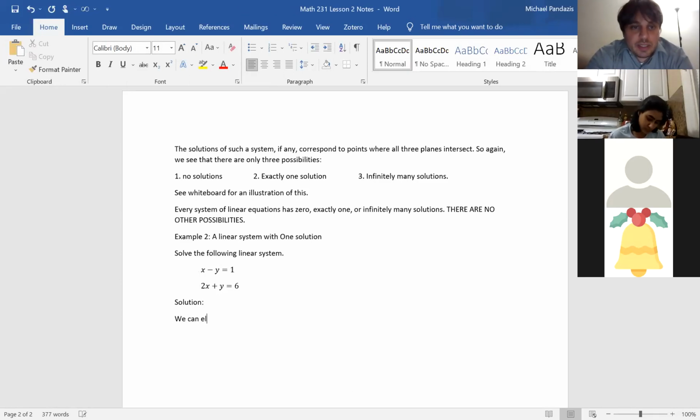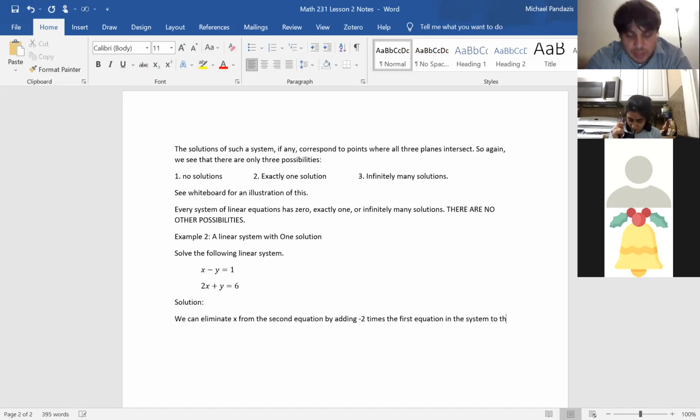We can eliminate x from the second equation, right? By adding negative 2 times the first equation in the system to the second equation in the system.